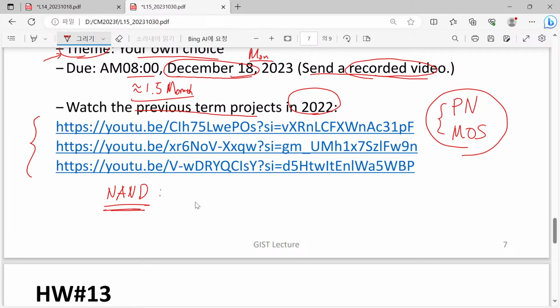Then in his presentation, he introduced what NAND is, specified which NAND is simulated and the equations to be implemented to simulate NAND, and showed some simulation results. After that, he made the conclusion.